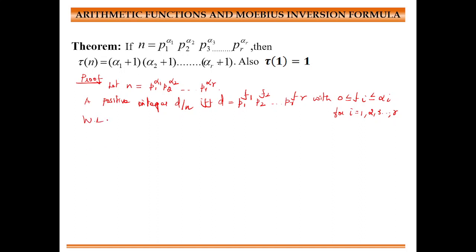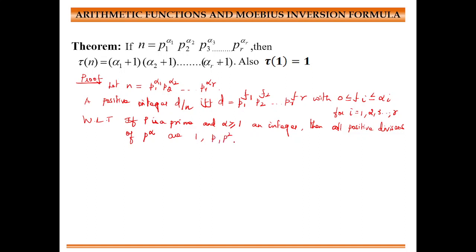We know that if P is a prime and alpha is an integer greater than or equal to 1, then all positive divisors of P power alpha are 1, P, P squared, up to P power alpha, which are alpha plus 1 in number.